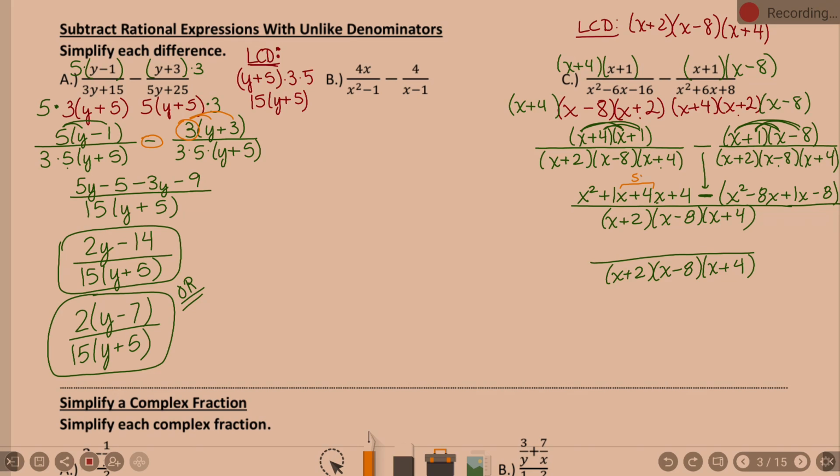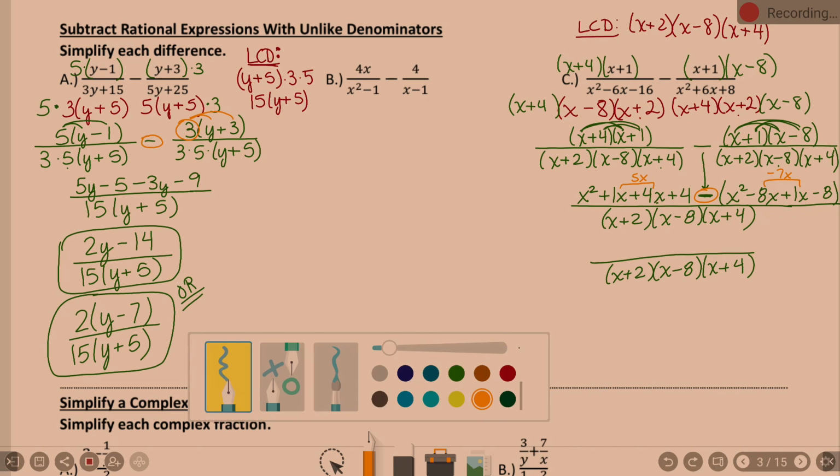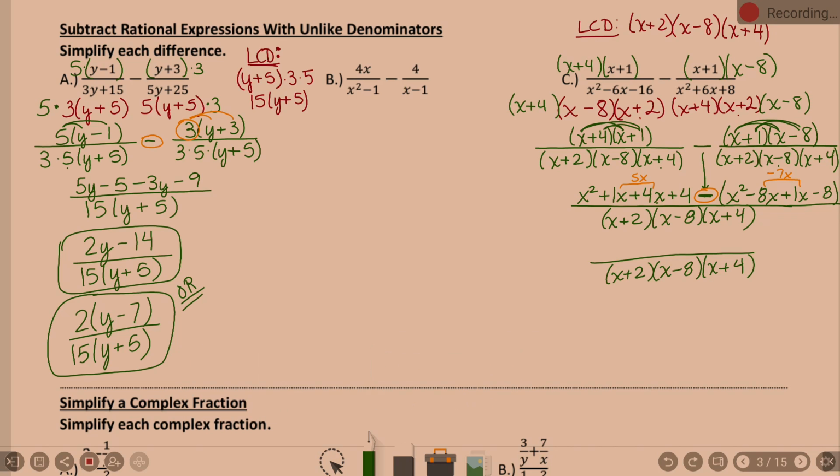And then my brain is also going to go down here and say negative 8X plus 1X is negative 7X, yes? So now, if I look at 5X minus negative 7X, I'm going to get 12x. Okay. Now, I don't care how you got your x's, but you should have gotten 12x, right?